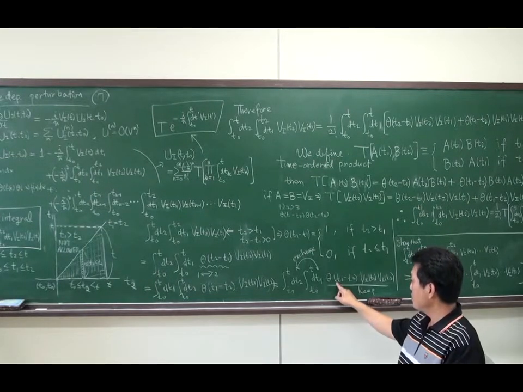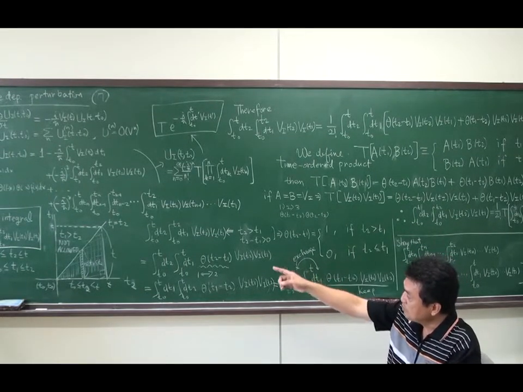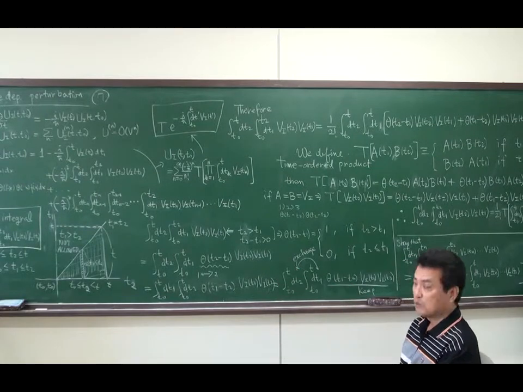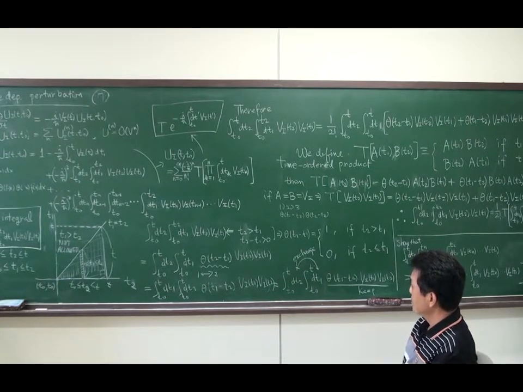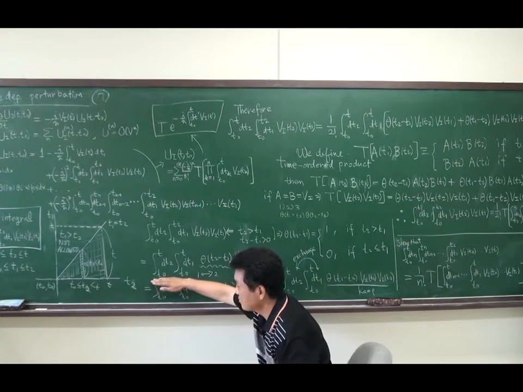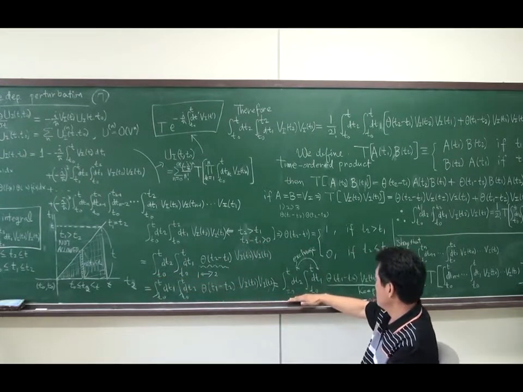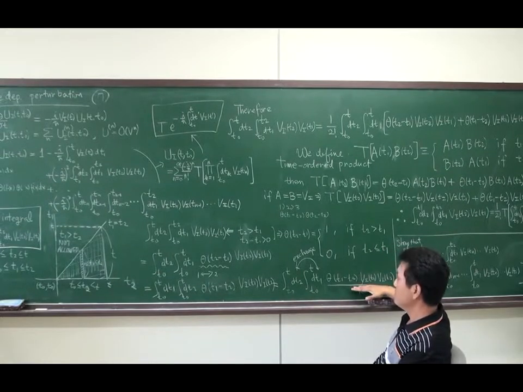The theta function automatically reorganized the integral to integrate only on the allowed region. Now, what I have found is that we have the same integral measure, the same integral region, but we have different integrands.